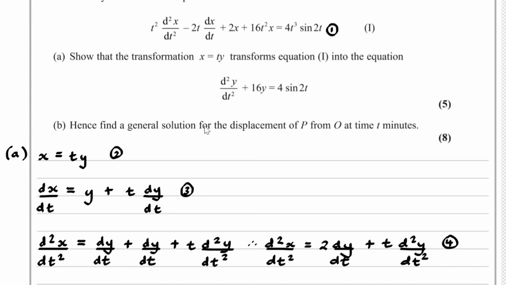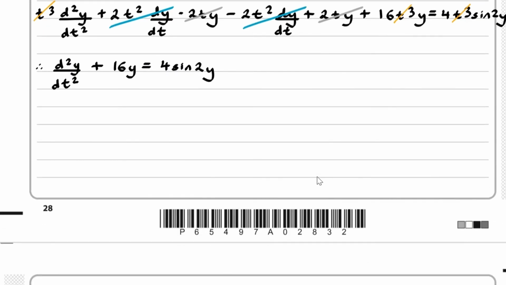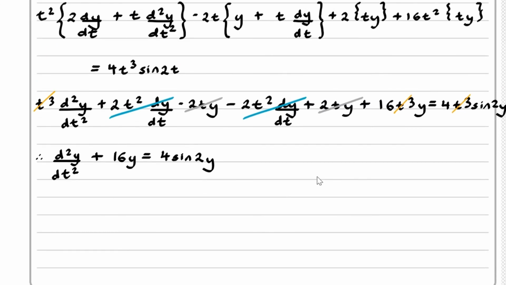Part B, hence find a general solution for the displacement of P from O at time t minutes. So what we need to do is solve this differential equation. So for part B, first thing we can do is find the auxiliary equation. I've got one second derivative, so my coefficient of m squared is 1. And I've got 16y, so that means my constant term is 16.